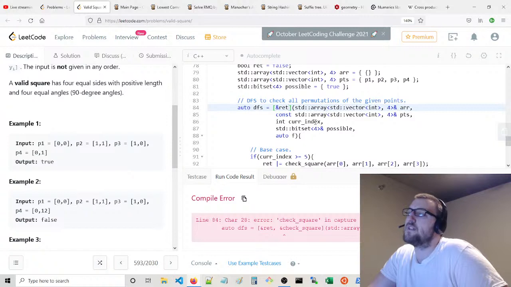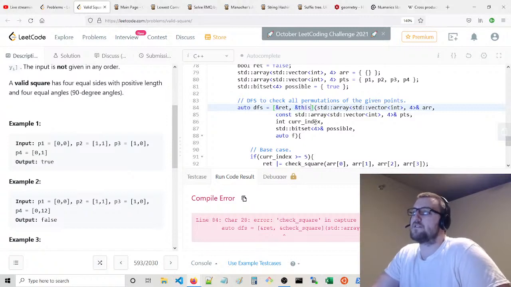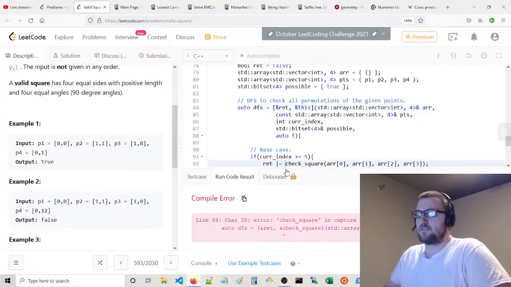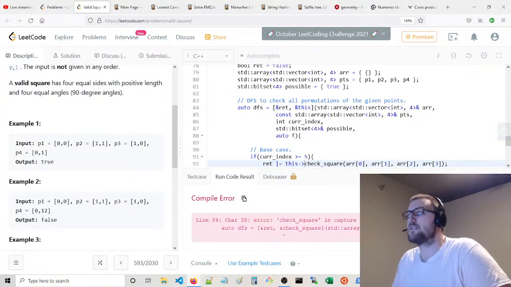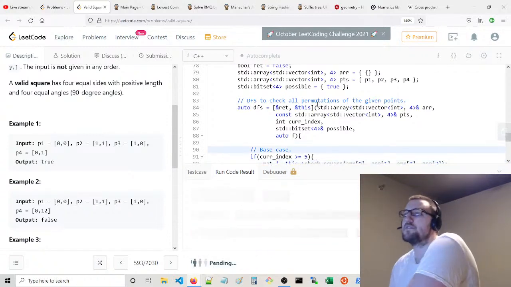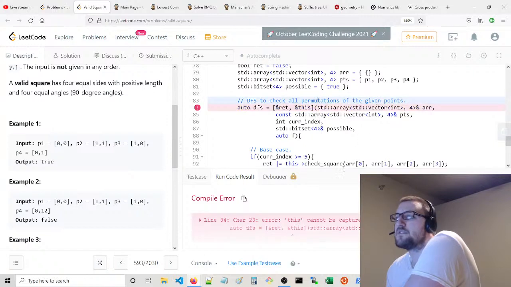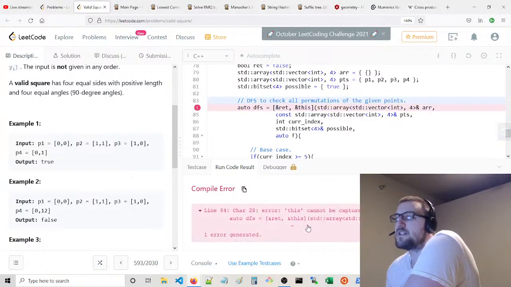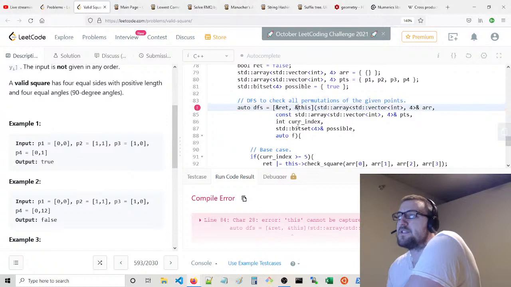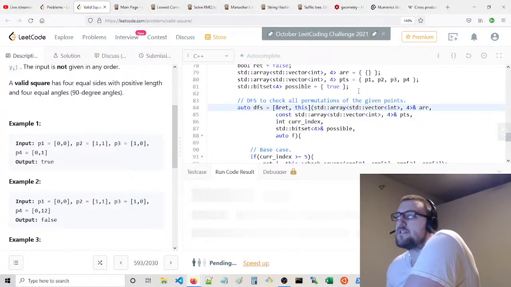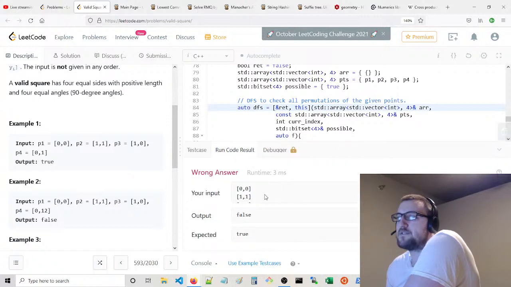Oh, I think I understand. Yeah, I get it. I think that's what they're referring to. Cannot be captured by reference. Oh, okay. Can you capture by value?